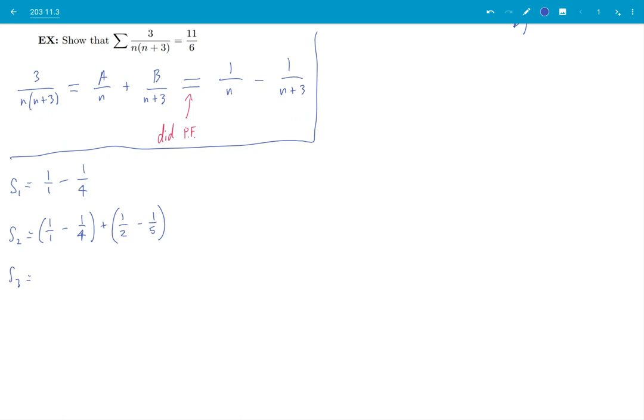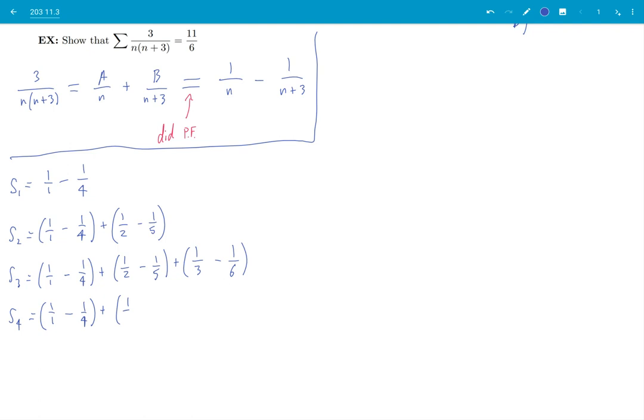S3. This is a bit tedious, but I have to write out many terms here so I can notice any pattern that is emerging. You know what? I don't see anything yet. So let's keep going. S4, 1 over 1.